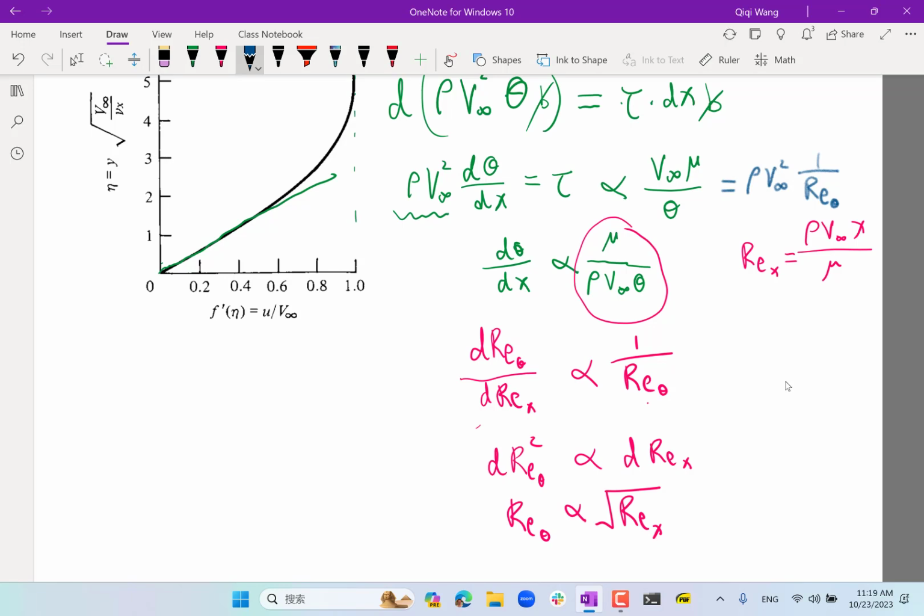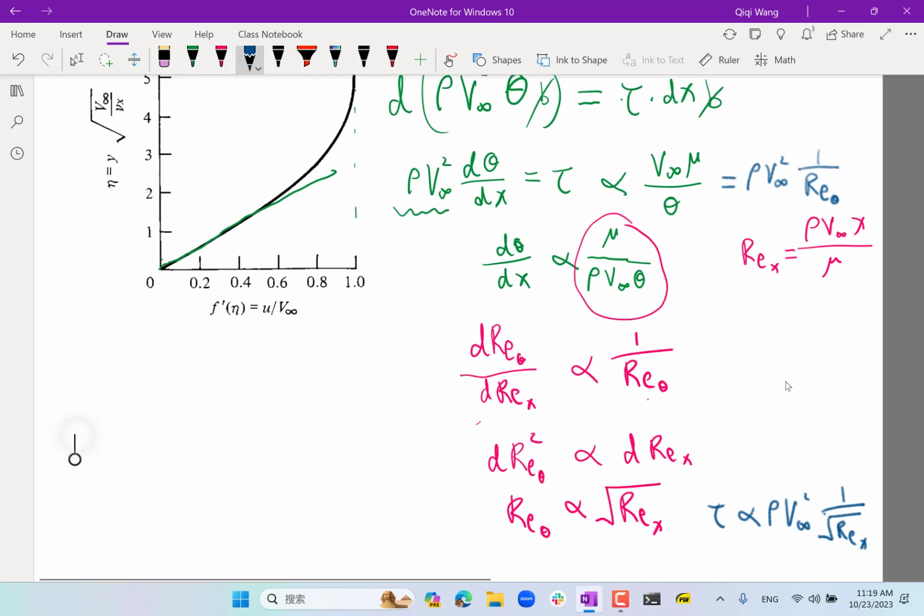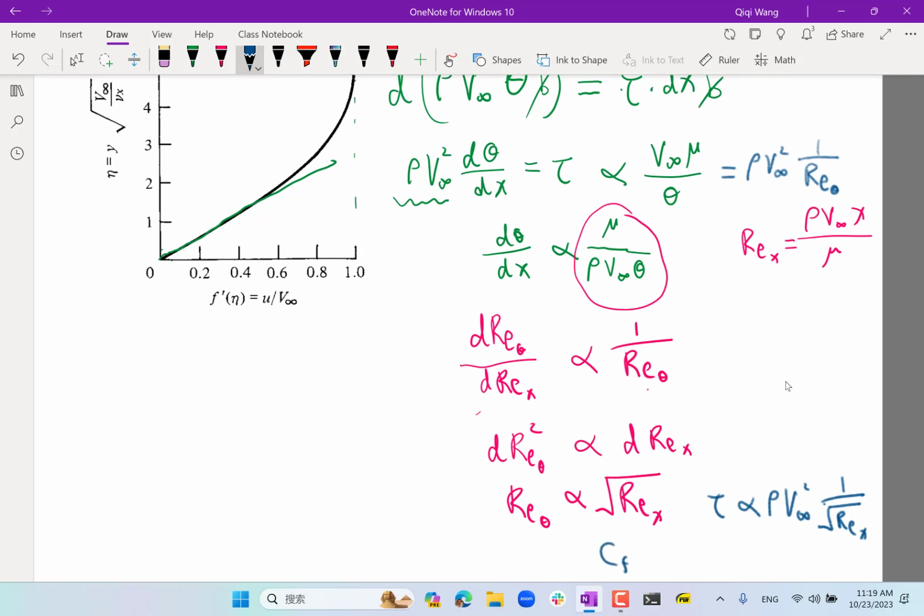What that means is that tau will be proportional to rho v infinity squared times 1 over the square root of Re_x. Or the skin friction coefficient, defined as tau normalized by half of rho v infinity squared, is going to be proportional to 1 over the square root of Re_x.